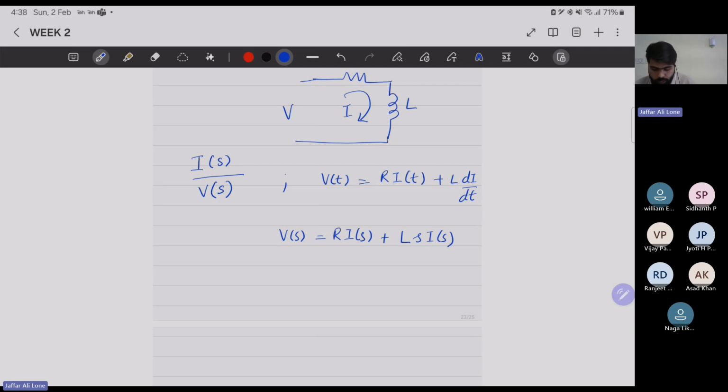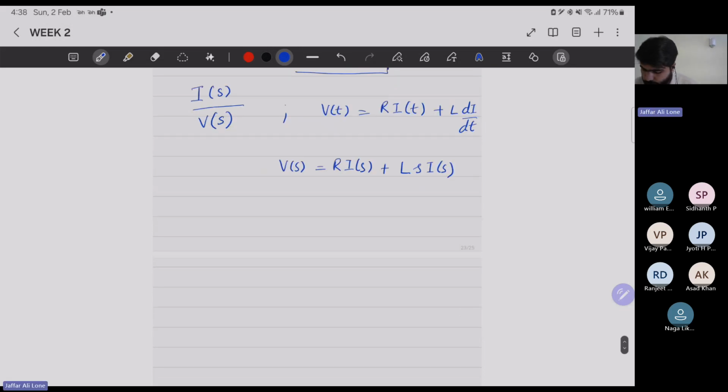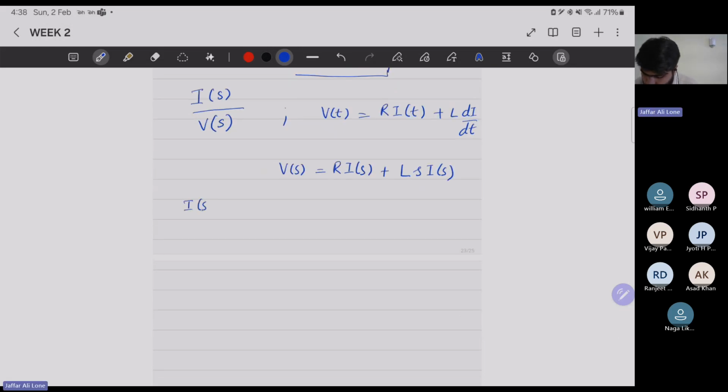So there is no initial condition here. Now, if we have to find I(s) over V(s), it will be 1 over R plus sL. This is the transfer function. So you have to be very careful while you apply the Laplace transform, because as I said earlier, this differentiation property will keep on coming.